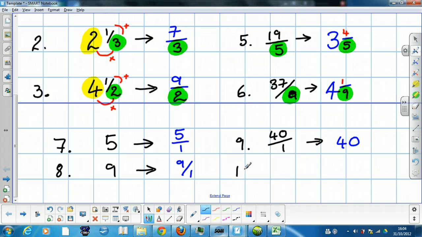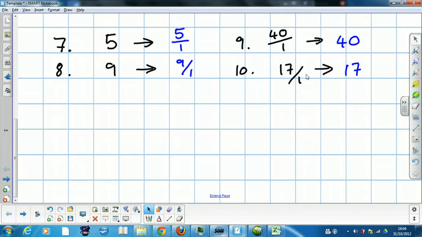Question 10. 17 over 1 would change to 17. Now just two more to look at. Both of them improper fractions to mixed numbers. Well, they don't end up as mixed numbers.